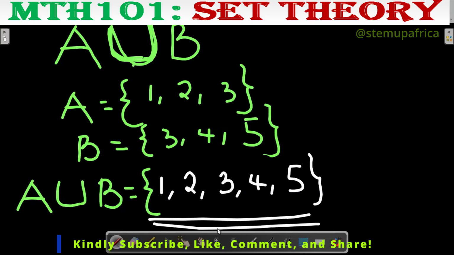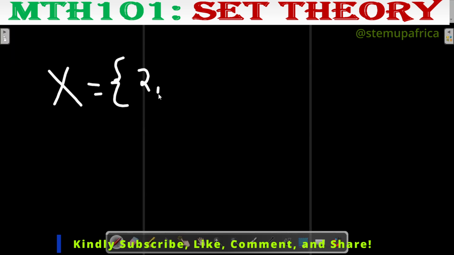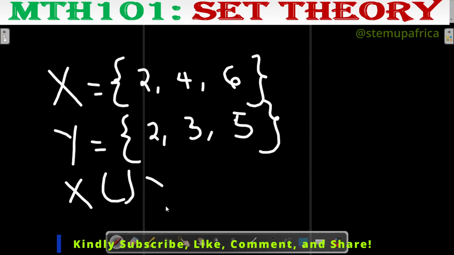Let me give you one to try and tell me the answer. If they give you set X as 2, 4, 6, and set Y is given as 2, 3, 5. What is X union Y? Y will be 2, 3, 4, 5, and 6.